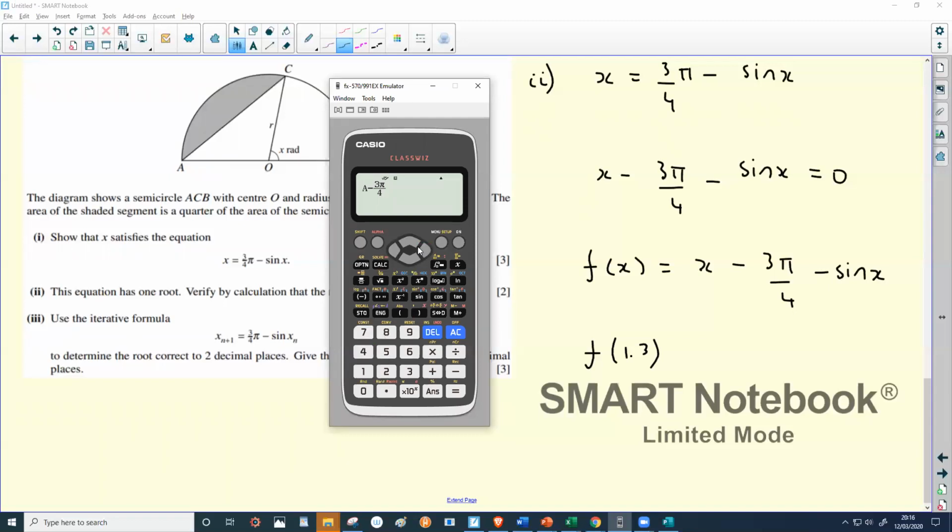And of course my calculator had to be in radian mode because x was being measured in radians, minus sine of alpha A. Now press equals and I get minus 2.02.